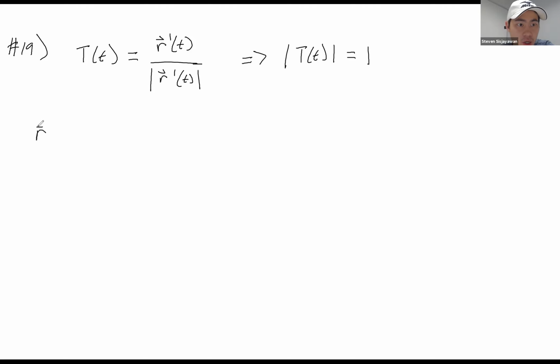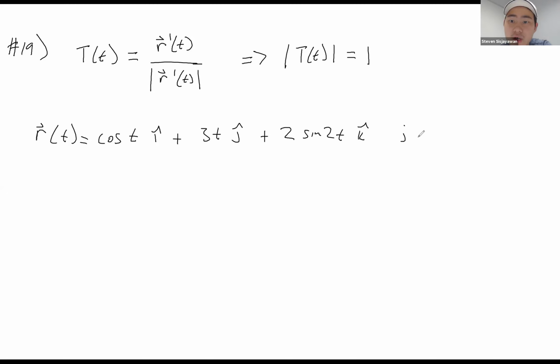So let's say we have r of t is equal to cosine t i hat plus 3t j hat plus 2 sine of 2t k hat. And let's say we're trying to find the unit tangent vector at time t equals 0.